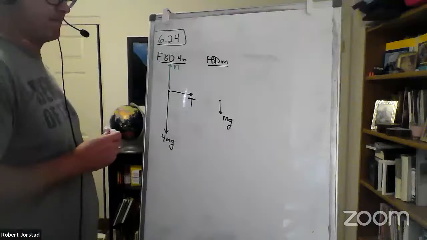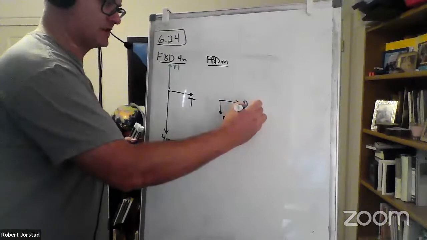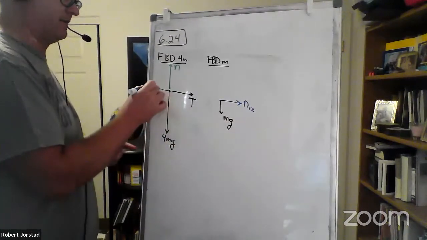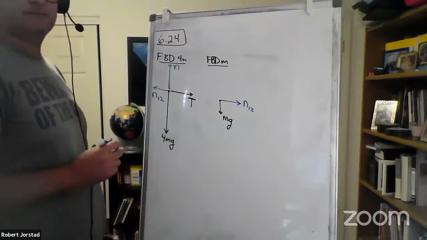There's N12. Which way is that? To the left. How do you know that? Because it's pushing on M, so M is pushing back. So on M, there's a normal force this way. So then on 4M, there's a normal force back. Action, reaction.